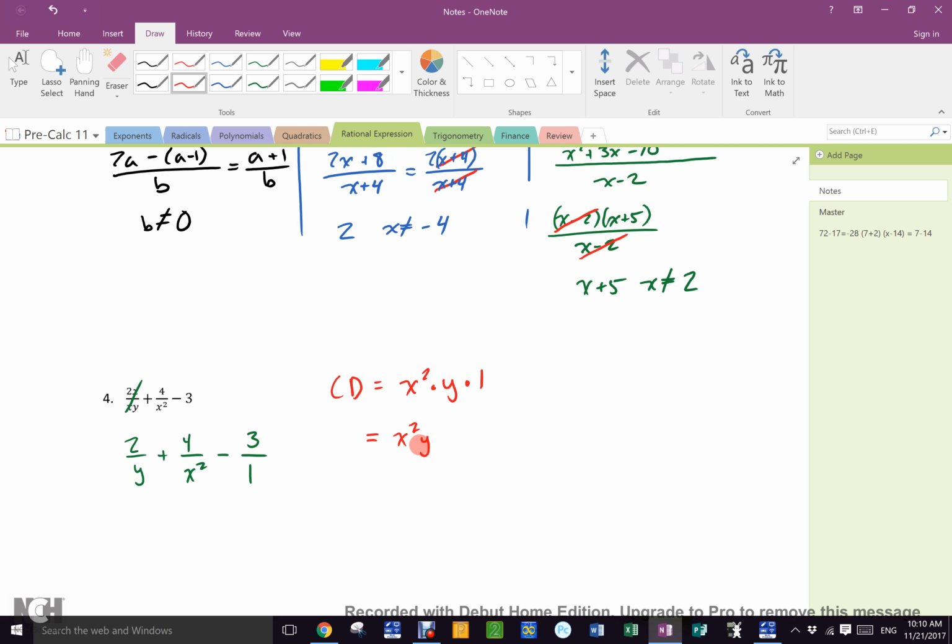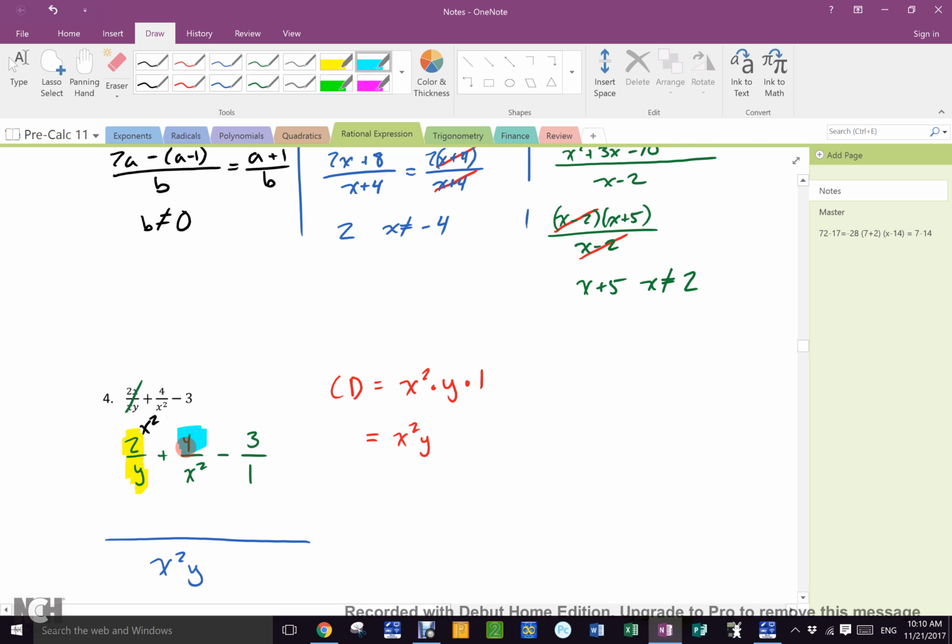To get 15. So what is my new denominator here? It's x squared y, right? What does this guy have? Does he have the x squared or the y? He has the y. So what do I need to multiply this guy by to get to here? x squared. So this guy gets the x squared.